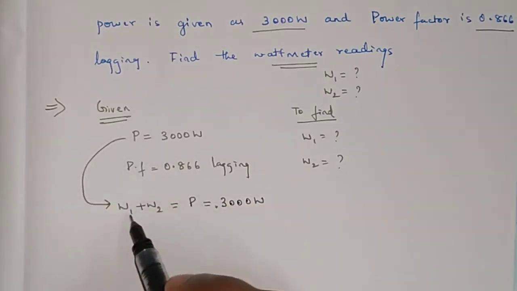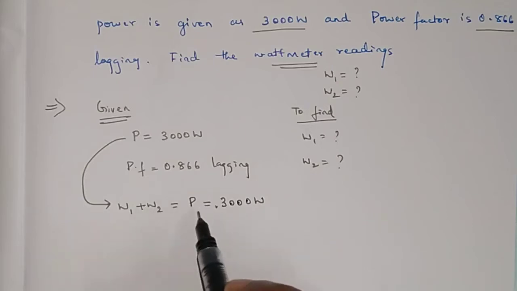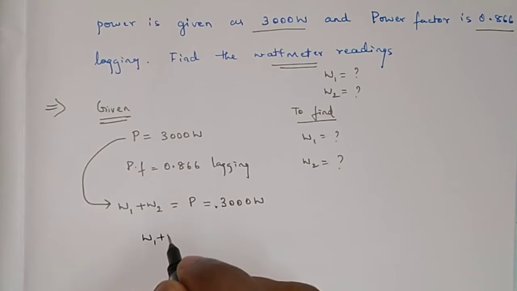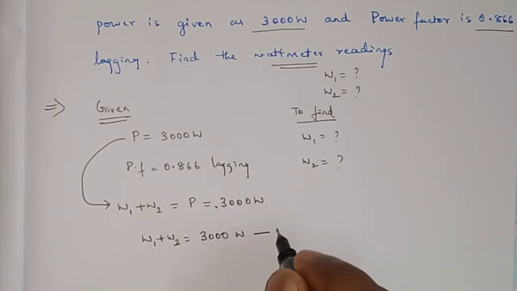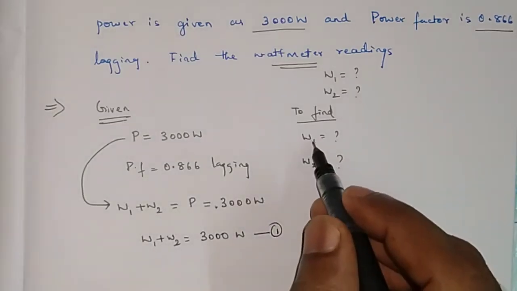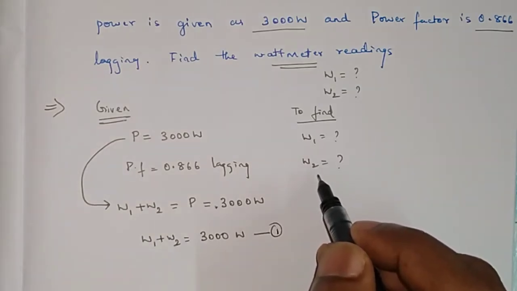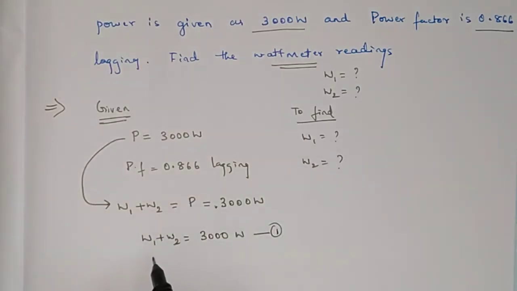So from the question, W1 plus W2 is equal to 3000 watt. I will take this as equation number 1. I need to find W1 and W2, so from the given data, I got an equation for W1 plus W2.